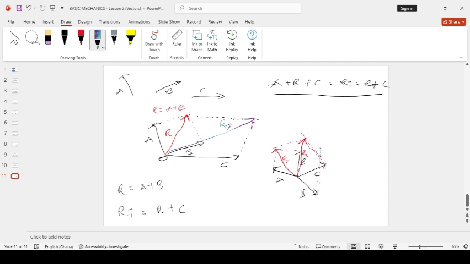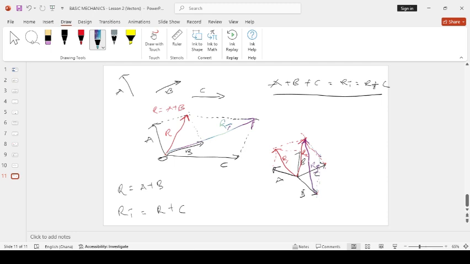So after drawing the parallel lines, the resultant is going to lie here, the diagonal of the parallelogram, that gives us R3. So that is that. If there was to be another vector, then we complete the parallelogram, and it continues in that order.